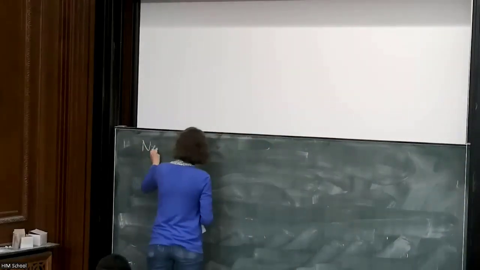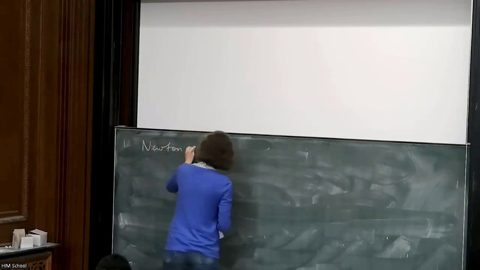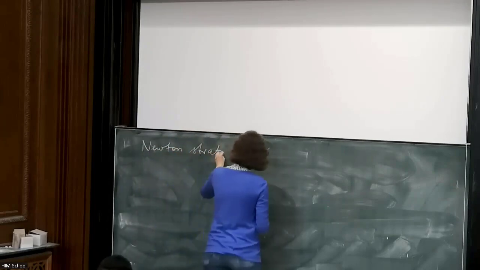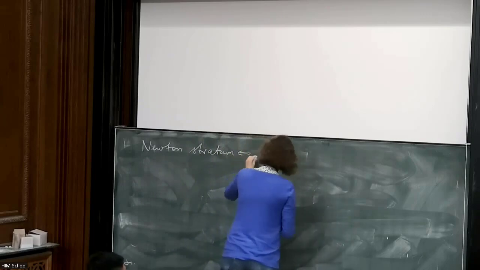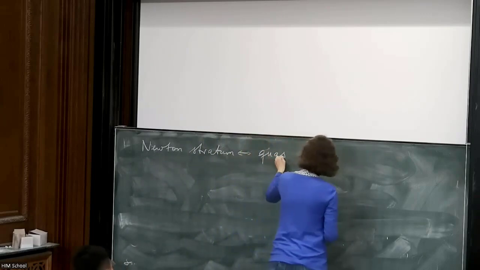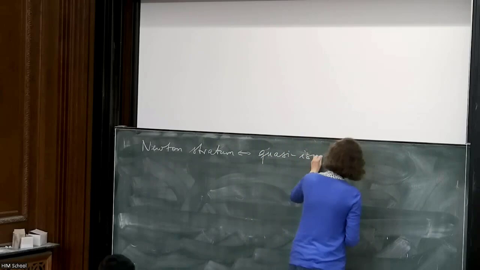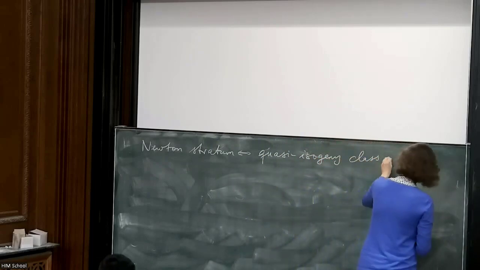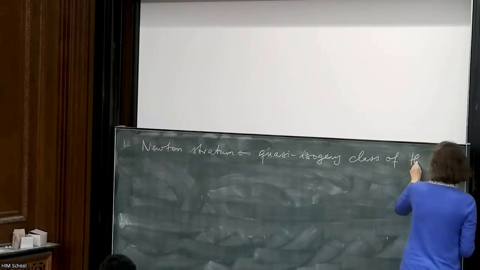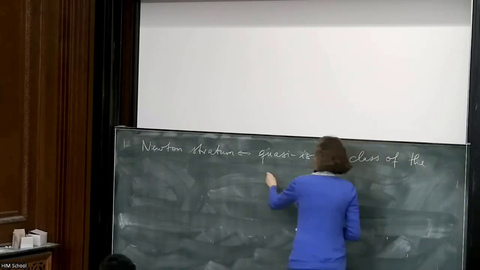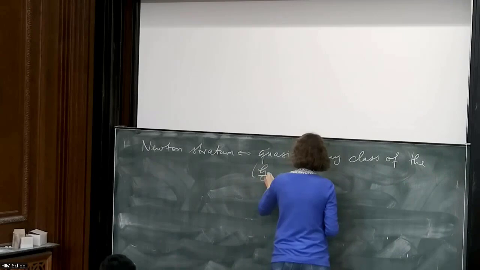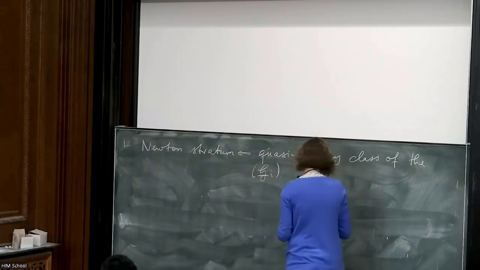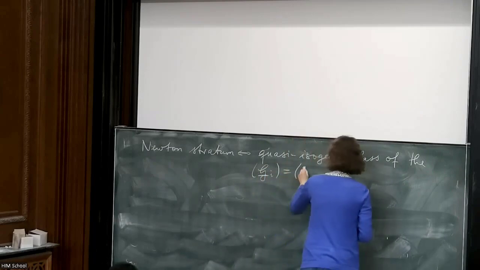So the Newton stratum corresponds to the quasi-isogeny class of this n-tuple of local G_i-Shtukas.